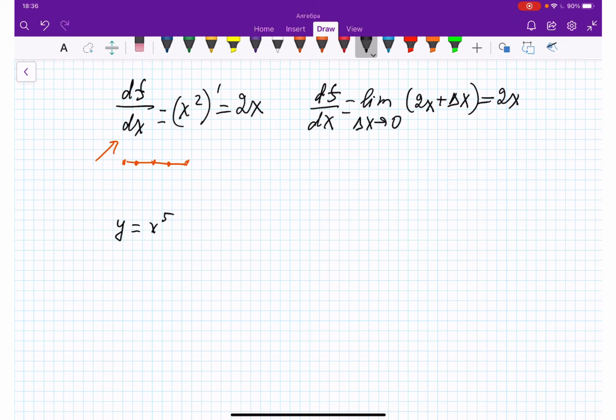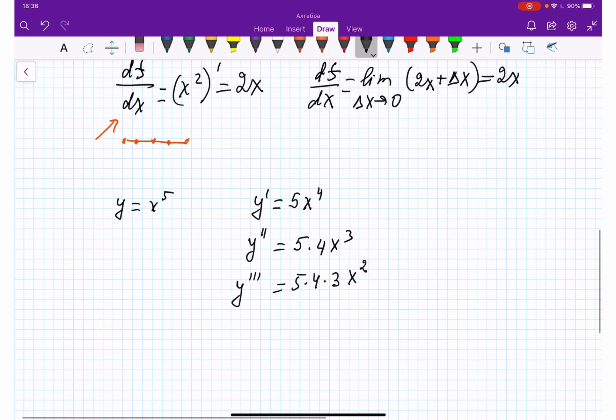So if y is equal to x to the power 5, then y prime is equal to 5x to the 4, right? The second derivative is equal to 5 times 4x cubed. The third derivative is equal to 5 times 4 times 3 x squared.